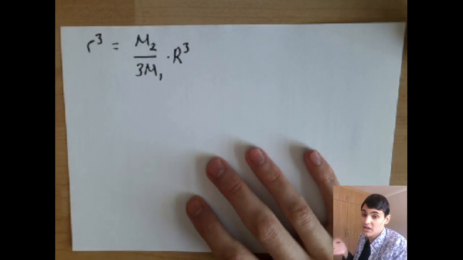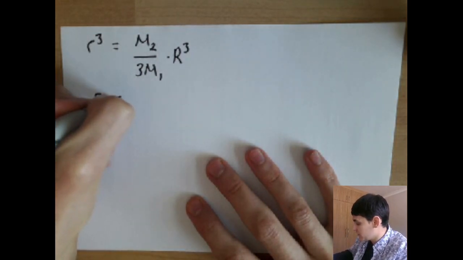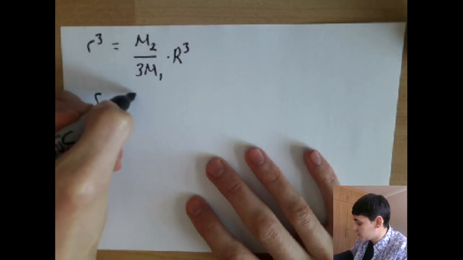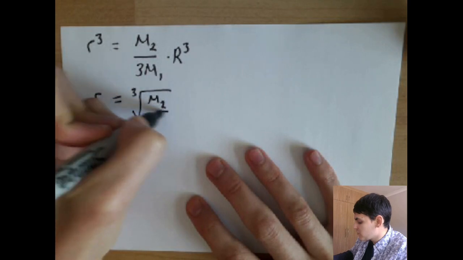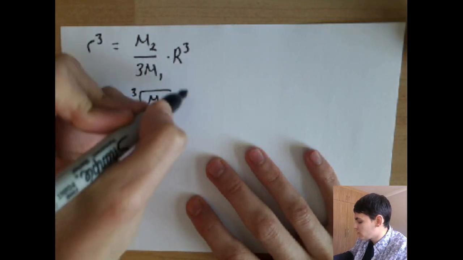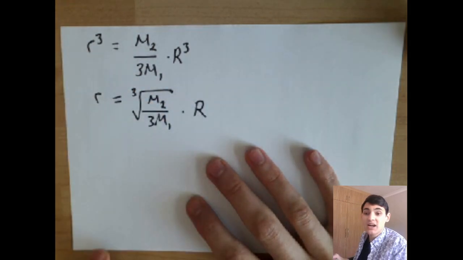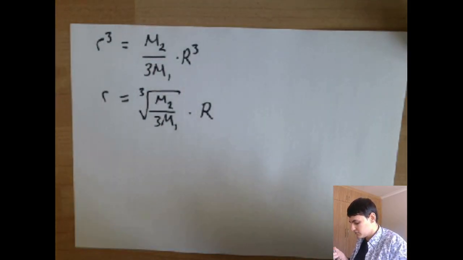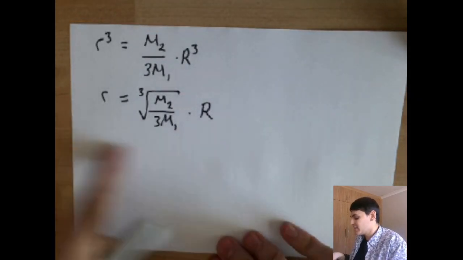Now all we have to do is take the cube root, and we end up with little r is equal to the cube root of big M2 over 3M1 multiplied by big R.